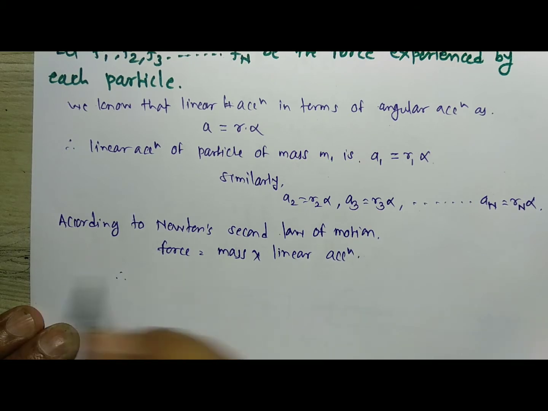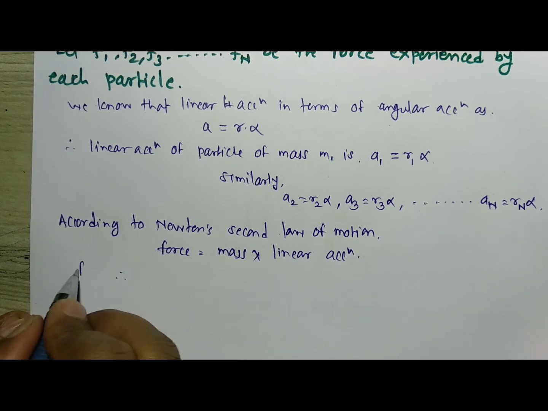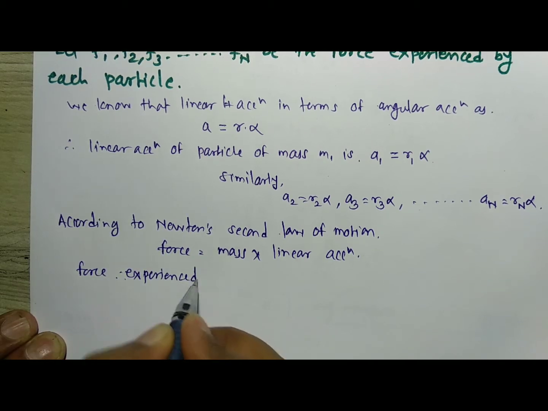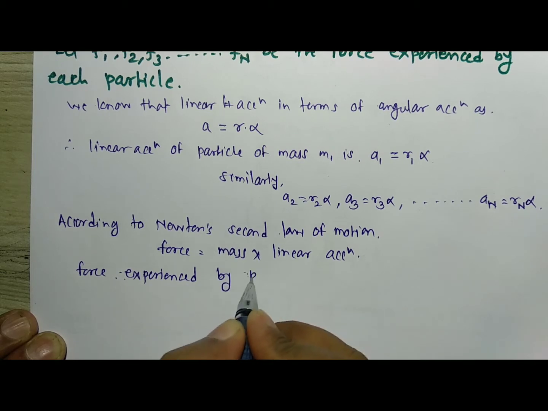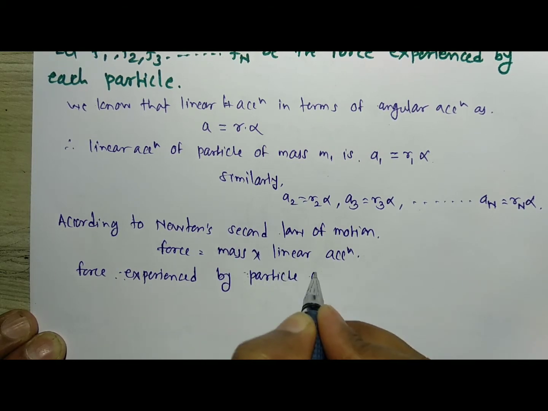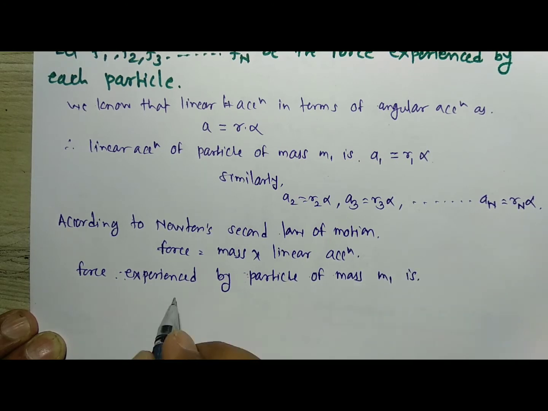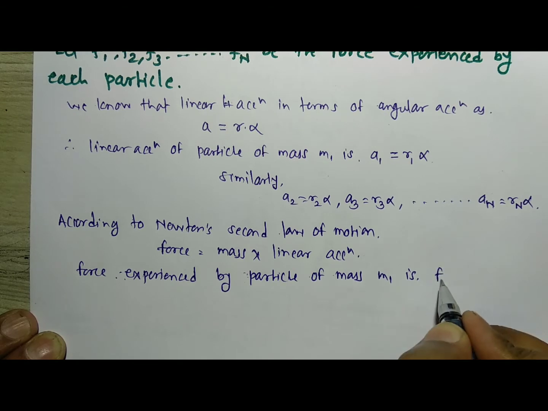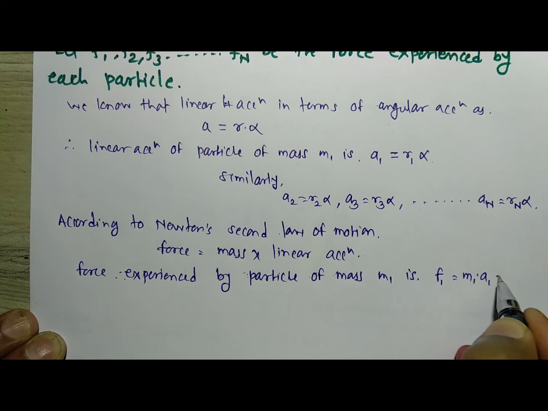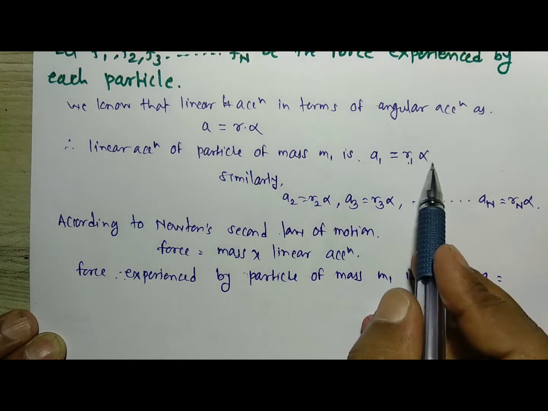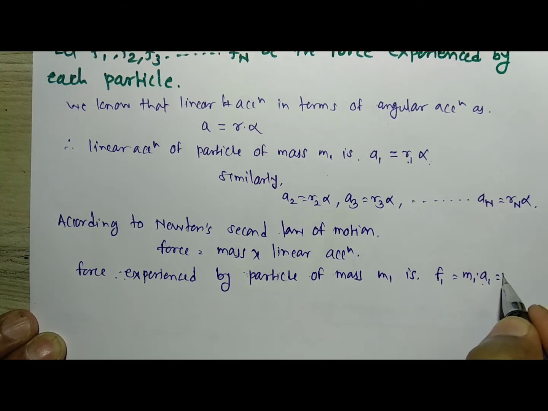Therefore the force experienced by the particle of mass m1 is F1 equal to m1 into a1. But a1 is nothing but r1 alpha. Putting this value here, you get m1 r1 alpha.